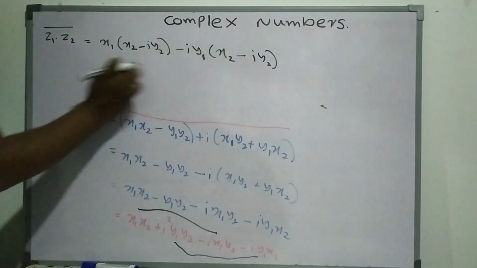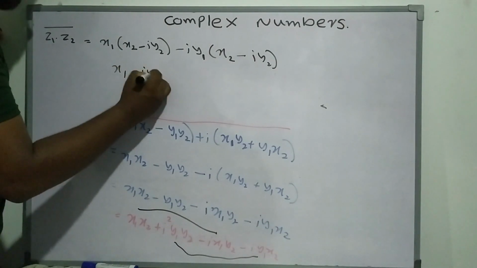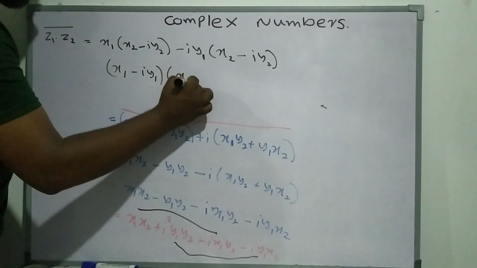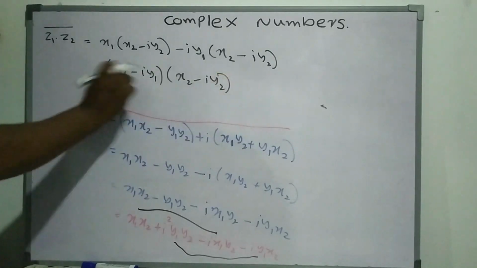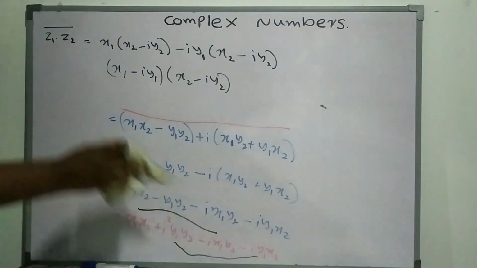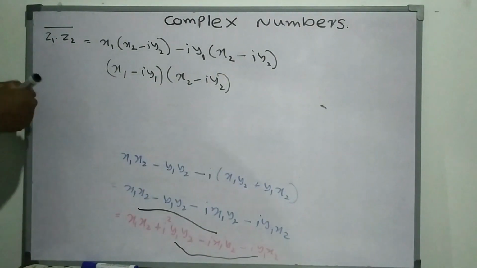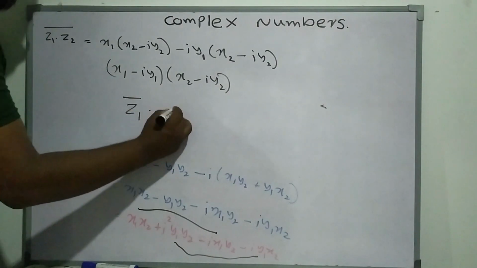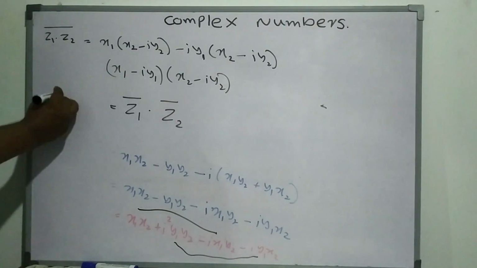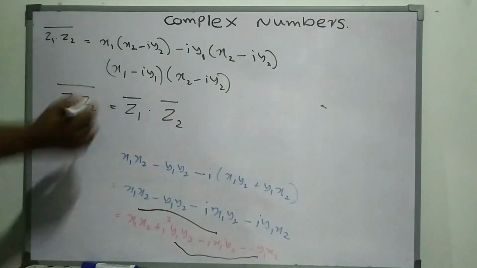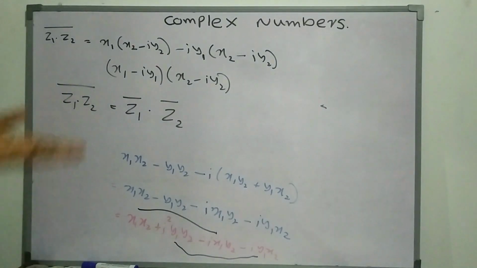So these two brackets are the same: (x1 minus iy1)(x2 minus iy2). What is this? This is the conjugate of Z1 and Z2, so it is (Z1 Z2) whole thing bar. So this is the third theorem.